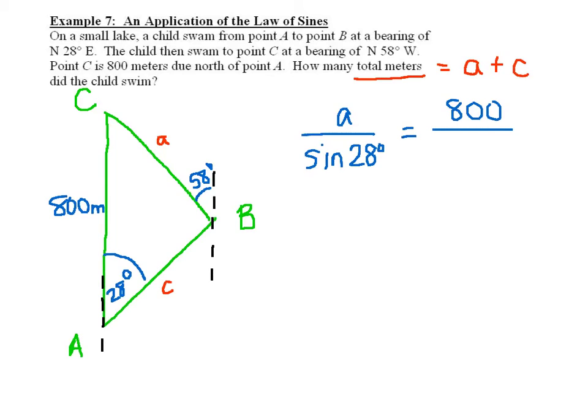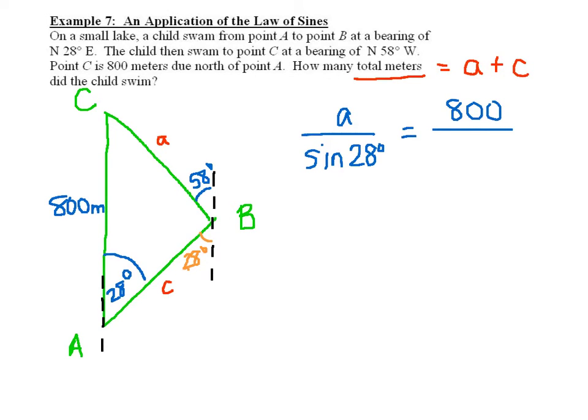Well, we know by alternate interior angles that if we have a 28 degrees down here, since we have a horizontal line here, a vertical line there, and another vertical line here, alternate interior angles means that this is going to be 28 degrees here.